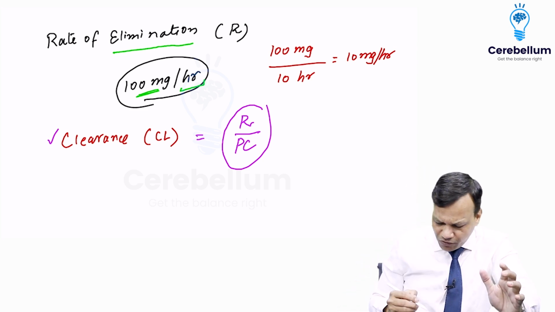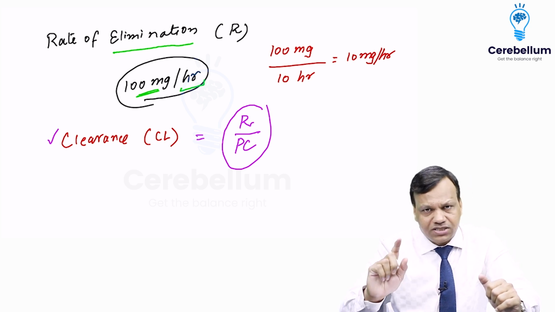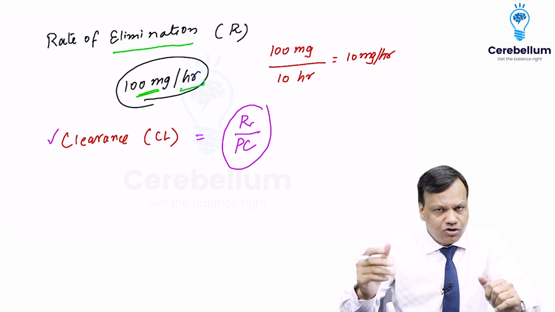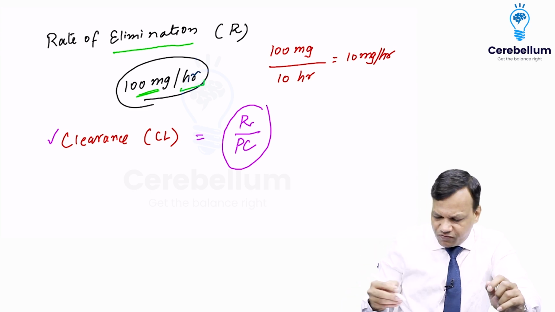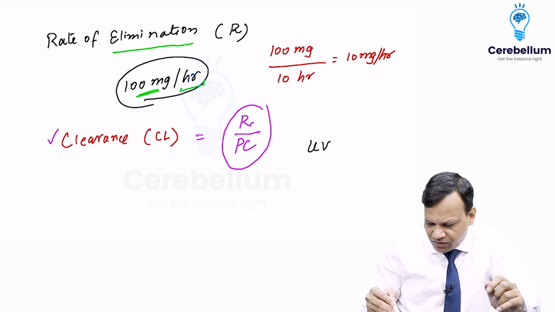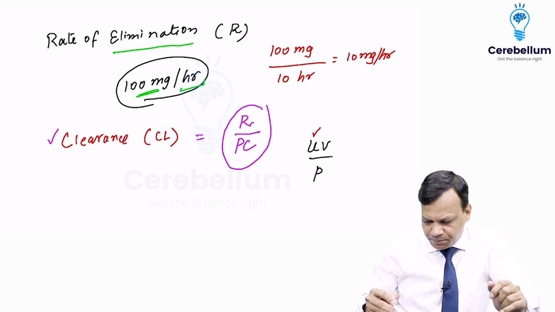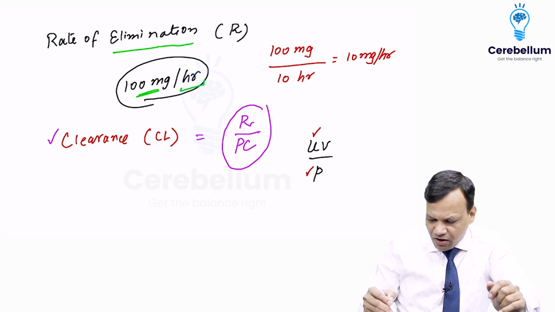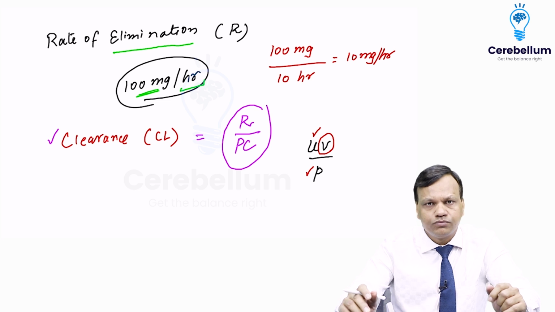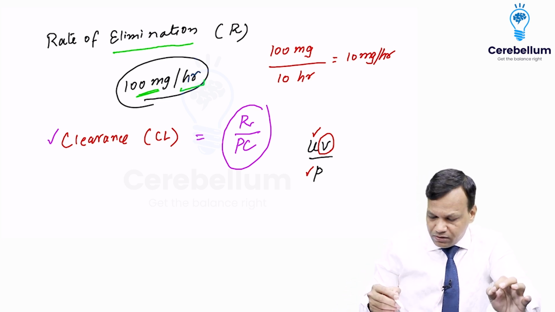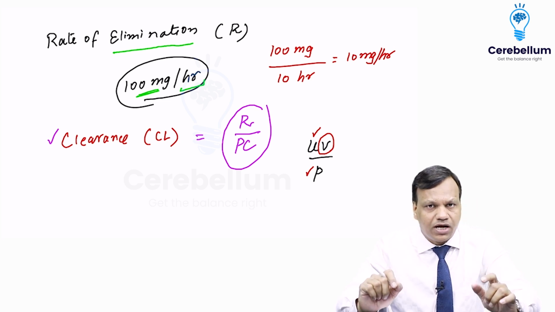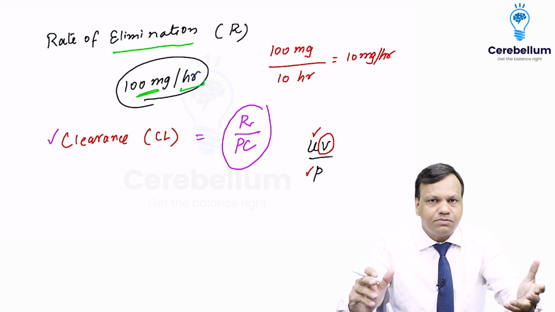Now if you remember, in biochemistry and physiology you must have studied another formula of clearance called UV/P. Remember, U is urine concentration, P is plasma concentration of a substance, V is rate of urine flow. Now my question is, why do we use different formulas of the same thing in different subjects?